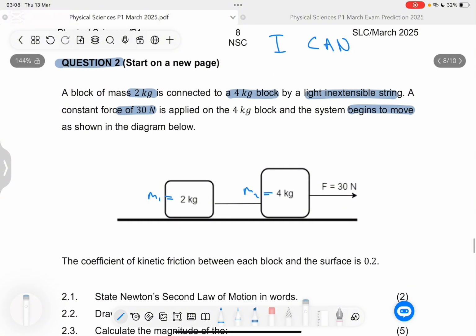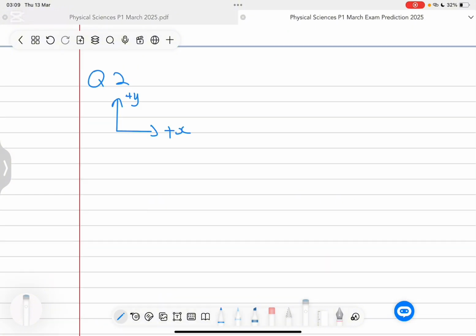Now, the question further says the coefficient of kinetic friction between each block and the surface is 0.2. Remember that this system is moving, so it experiences kinetic frictional force, and therefore it has a coefficient of kinetic friction.